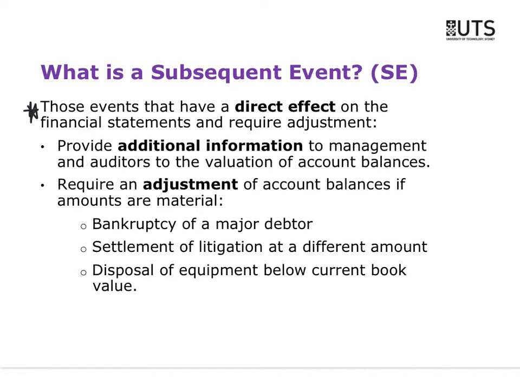The first one is those events that are going to have a direct effect on the financial statements. All right? And so these could be things like a debtor goes bankrupt after the end of the financial year. The question then becomes, how does this affect accounts receivable? All right?